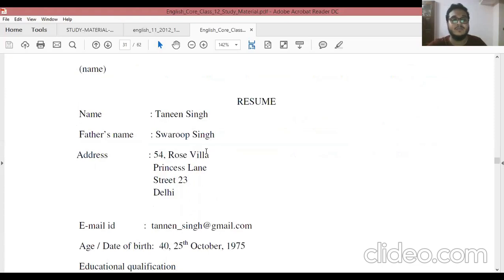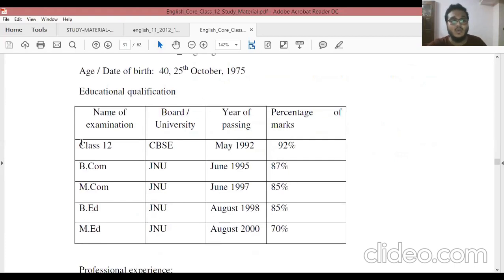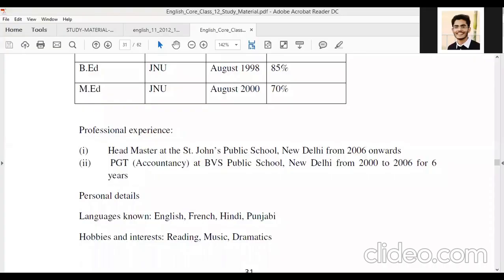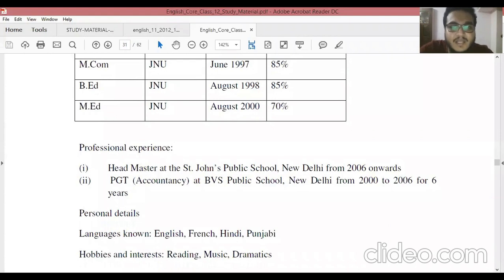Tani Singh, father's name Swarup Singh, address, email address, date, educational qualification: class 12, BCom, MCom, B.Ed, M.Ed. See the professional experience.